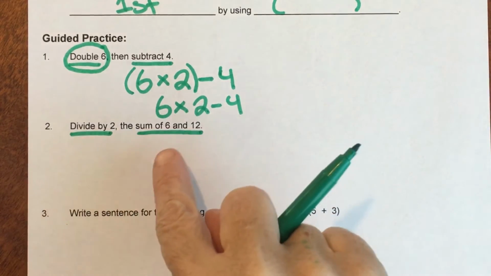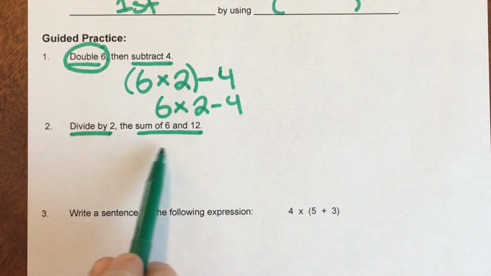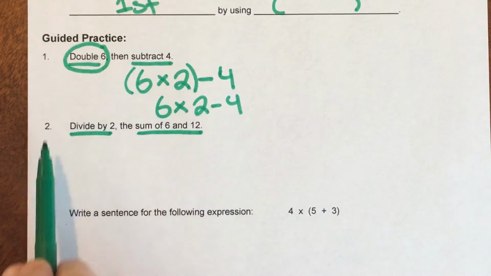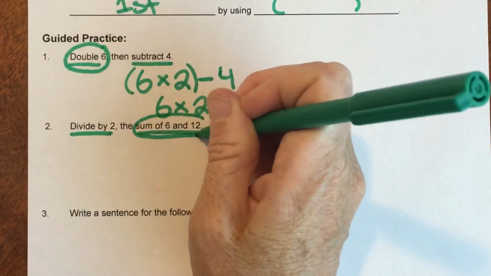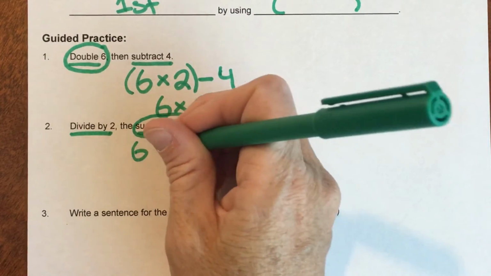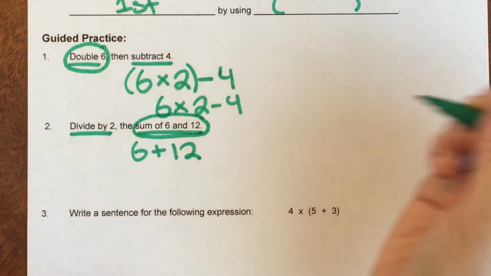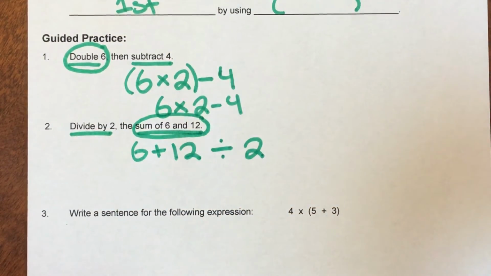Divide by 2 the sum of 6 and 12. Well, I think I'm going to need to find this first so that I can divide it by 2. So first I need to find the sum, which is adding, of 6 and 12. And then I'm going to divide it by 2.